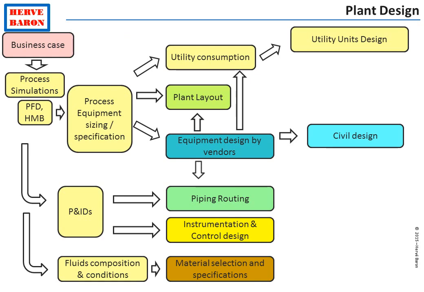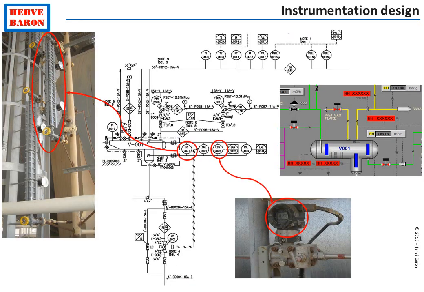Besides piping and valves, P&IDs also define all the instruments and controls that are required for the operation of the plant. They therefore are the starting point for the instrumentation discipline to purchase these instruments as well as the control system.